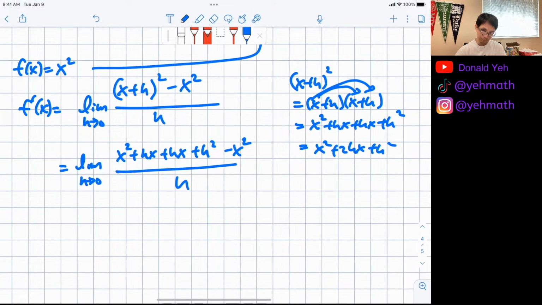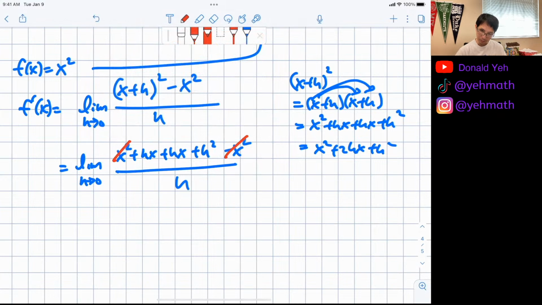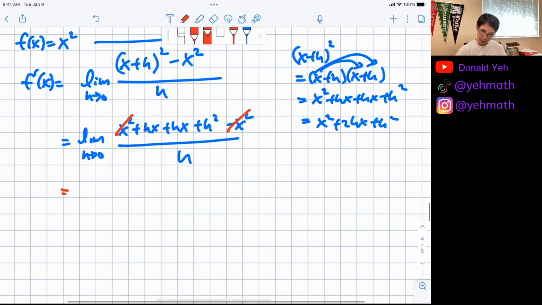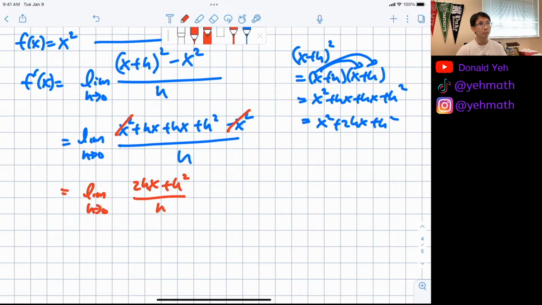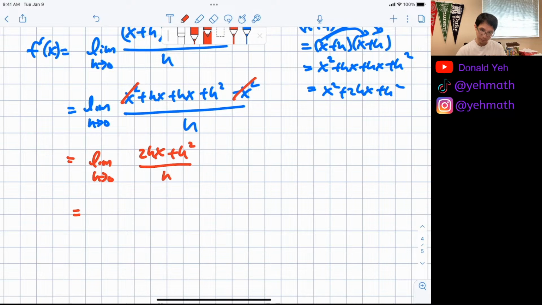Over h, this x squared will cancel out. And that's equal to the limit as h approaches 0 of 2hx plus h squared over h. What happens when you plug in h equal to 0? Not undefined, but indeterminate. So at this critical step, you want to factor out h.